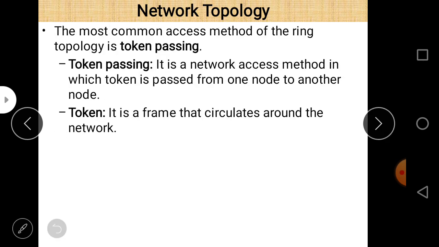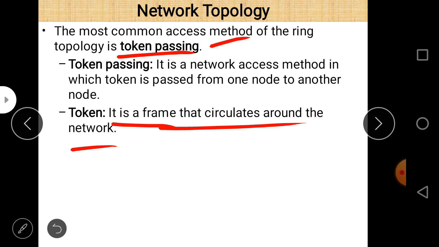Next, the most common access method for ring topology is token passing. The concept of broadcast is not here. There is a concept called token passing, and what is a token? It is a frame that circulates around the network.